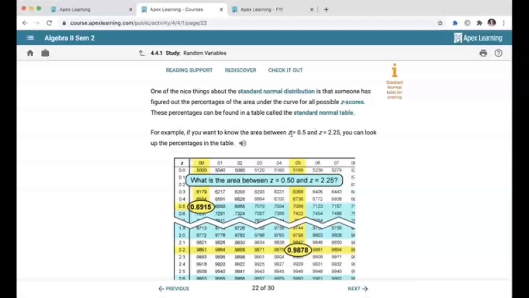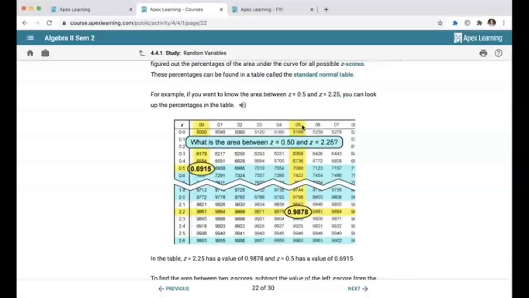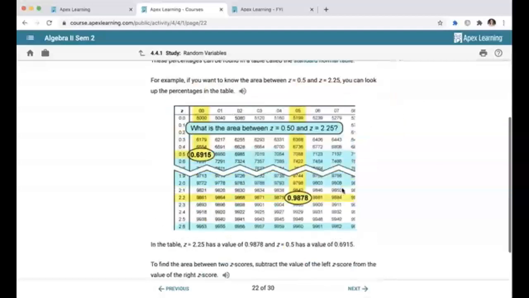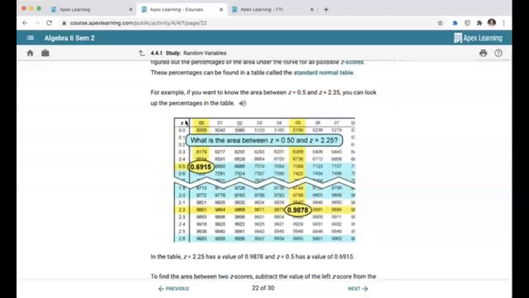So for the example here of 0.5 and 2.25, they broke it up by, okay, 0.5, sorry, 0.5 and 2.25. How you can read this specific one, which is different than this one here, we'll talk about in a second.